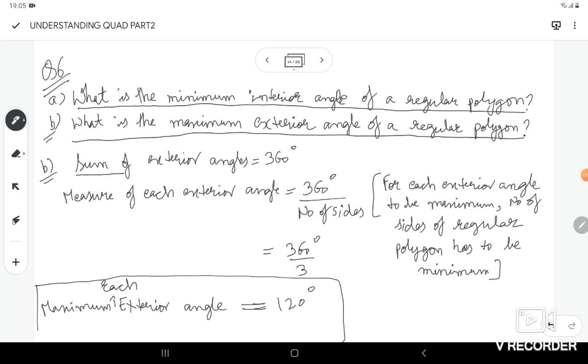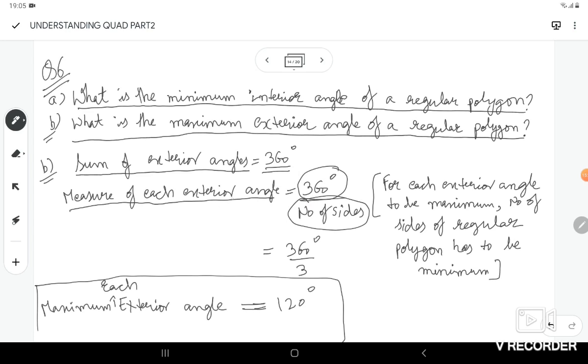So how do we solve it? We know that the sum of the exterior angles of any regular polygon is equal to 360 degree, and the measure of each angle would be nothing but 360 degree divided by the number of sides.